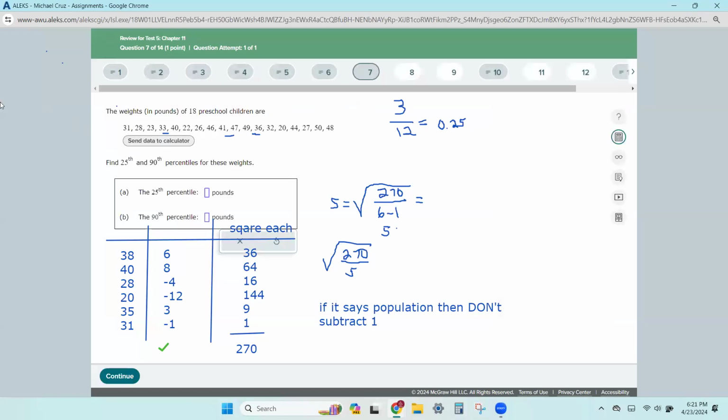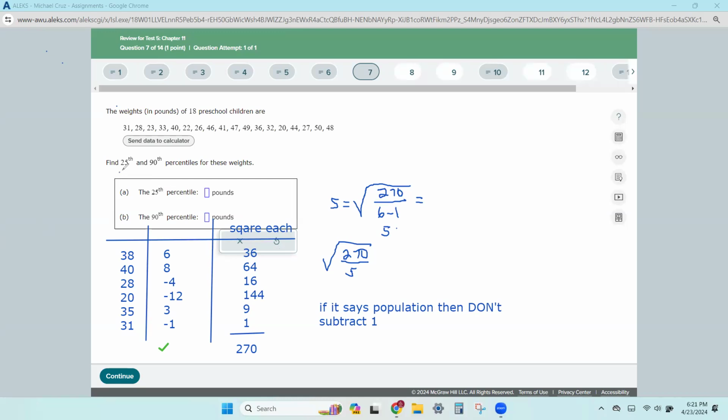All right. So this is where we actually got to do the percentiles. And so what we got to do is we got to sort them. But let's see here. So for this one, 25th.